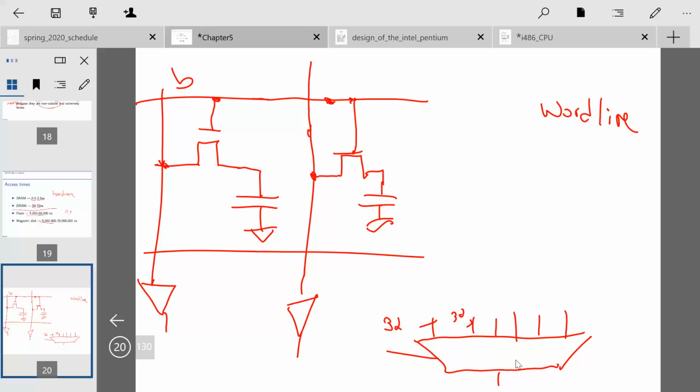The other thing is that we charge up the bit line to a mid value, and then we enable the word line. That means energy is transferred from this capacitor to the bit line, and so we actually destroy the contents when we read.